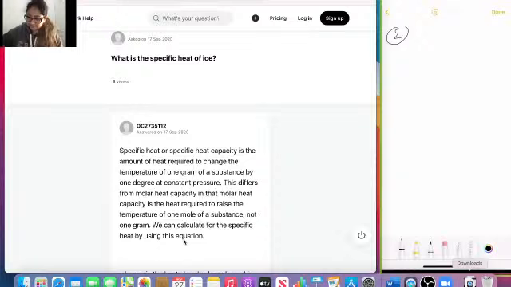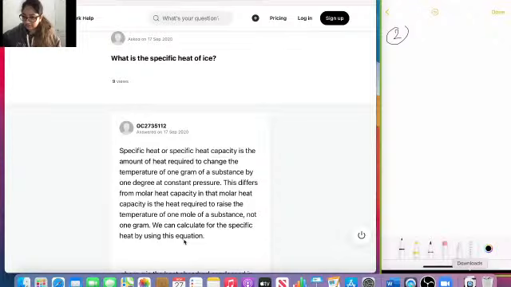However, this differs from molar heat capacity, because for molar heat capacity we're talking about the heat required to raise the temperature of 1 mole instead of 1 gram.